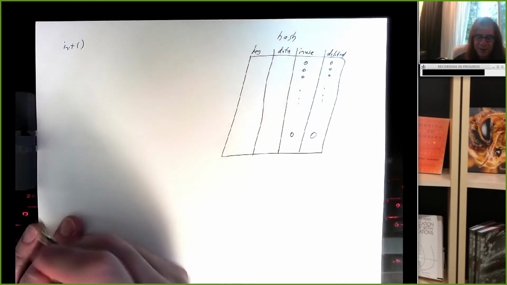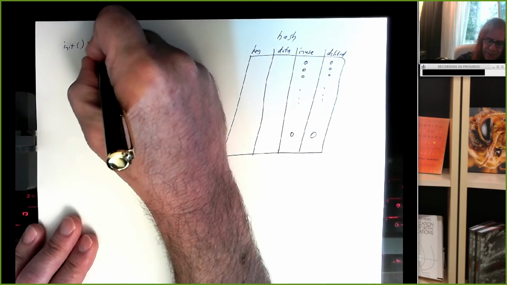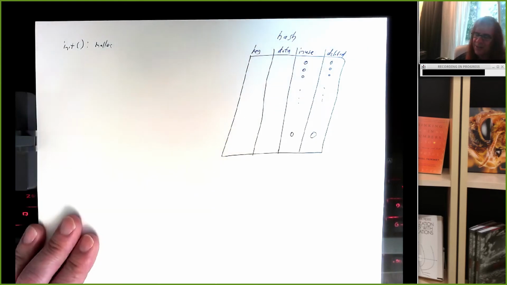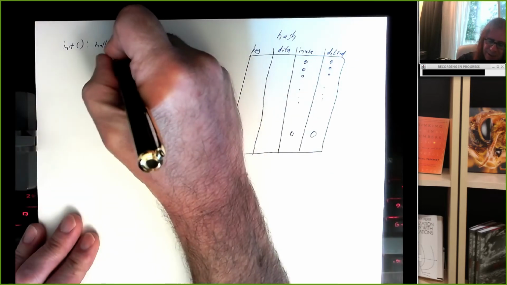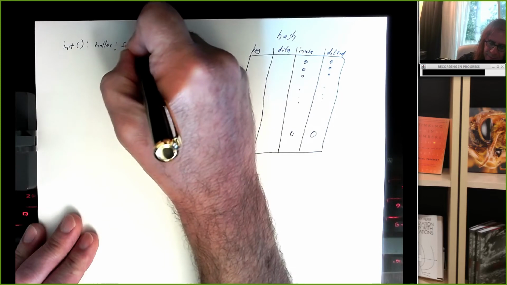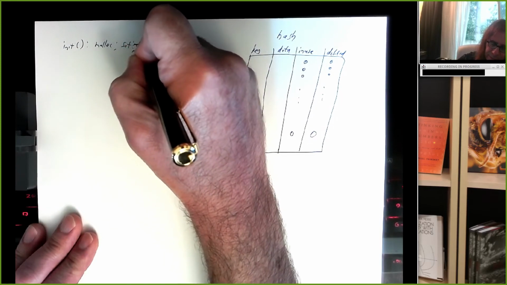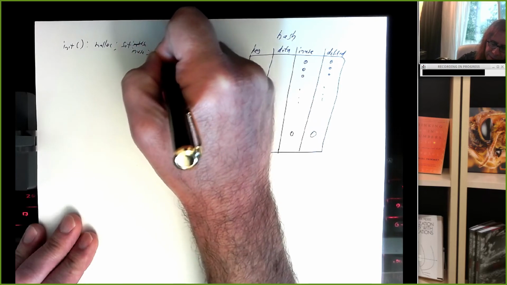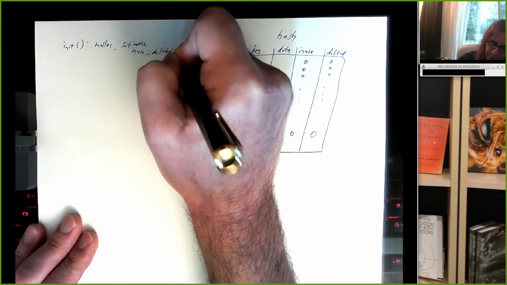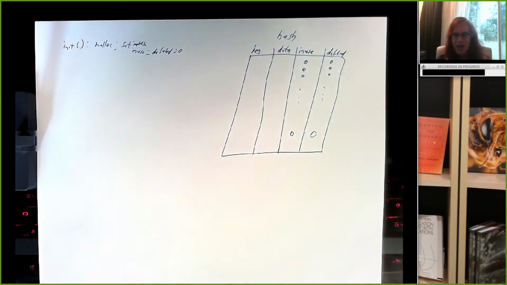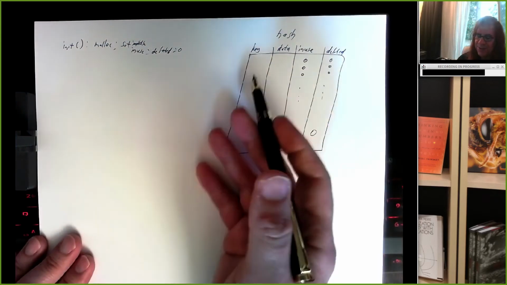So our initialize function might be maybe malloc a bunch of space for a big array, and set in use and deleted equal to 0. And that's all you need. It doesn't really matter what's stored in the key data pair.